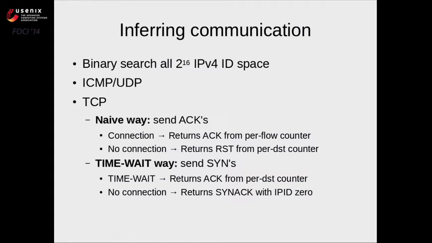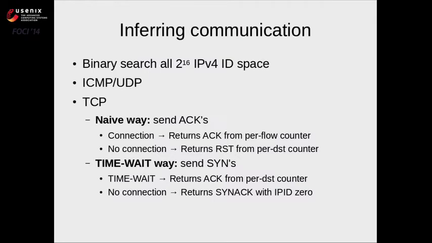This is how we can test ranges of values for the possible value of this per destination IP ID counter for M. Of course, once we can do this, we can do a binary search-like technique and search the relatively small 2 to the 16 value IPv4 ID space. So we do this.